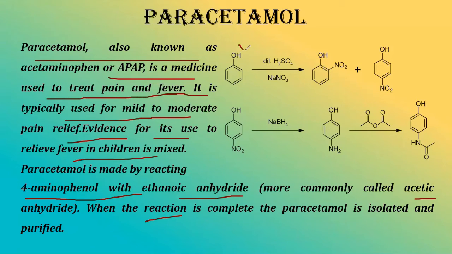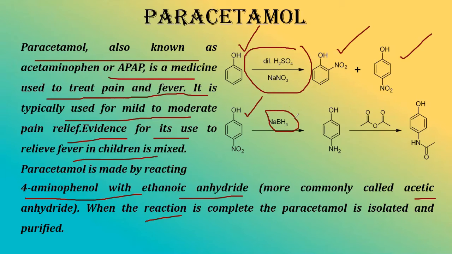First of all, we are starting with phenol. We are using nitrating mixture and getting orthonitrophenol and paranitrophenol. Now this paranitrophenol is taken and reduced using sodium borohydride; the nitro group is reduced to amine. Then we use acetic anhydride, or ethanoic anhydride.